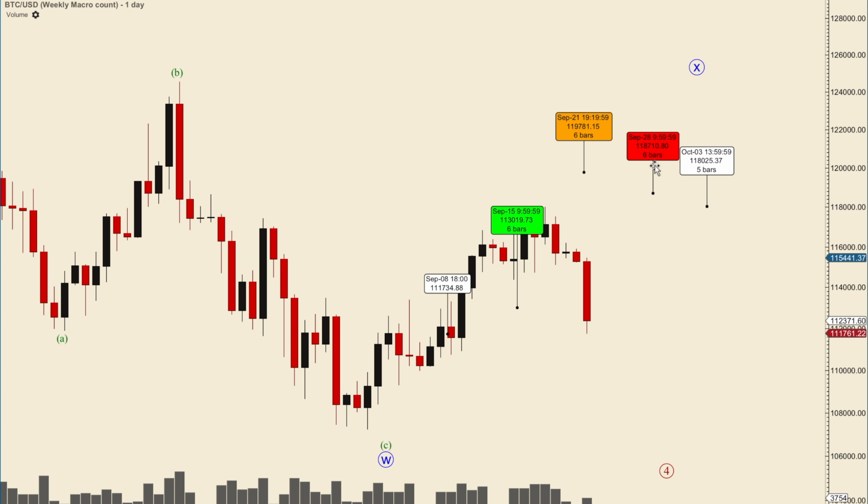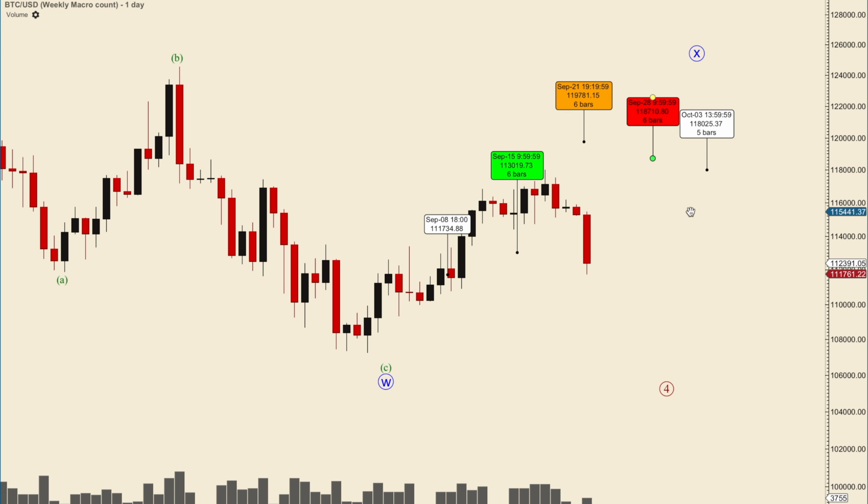And this is the last fib cluster time. And if you remember this, September 28, maybe we are done here with the correction. And this is the absolute last one, October 3. So yeah, that was pretty much it.